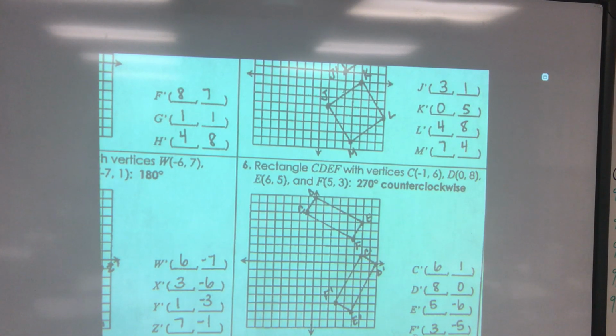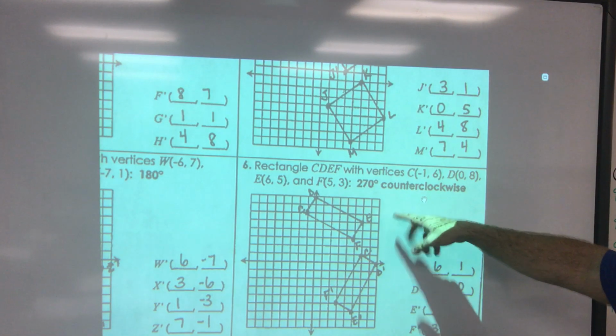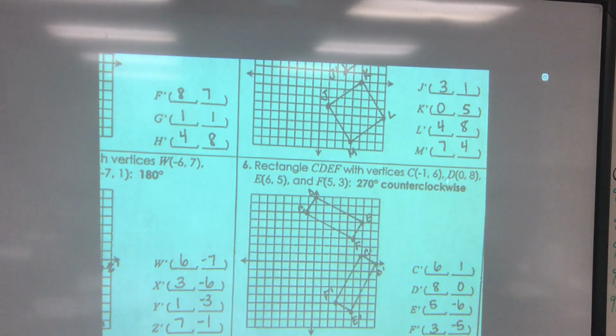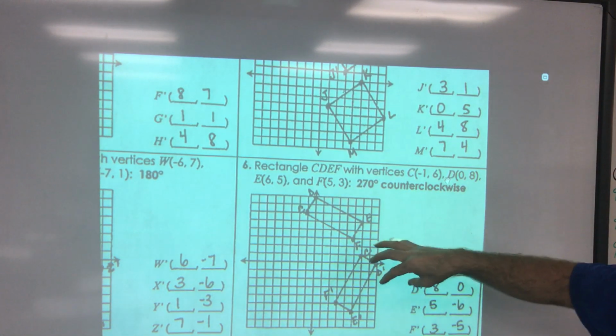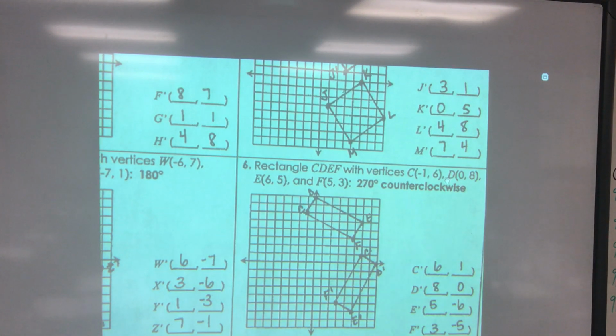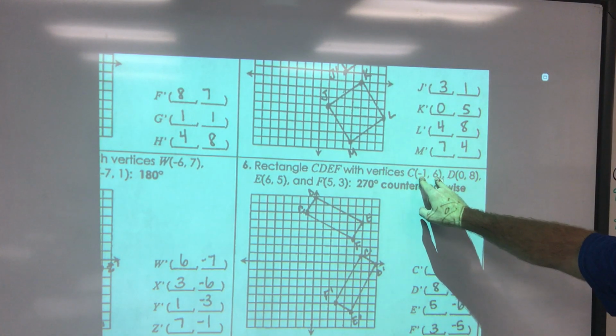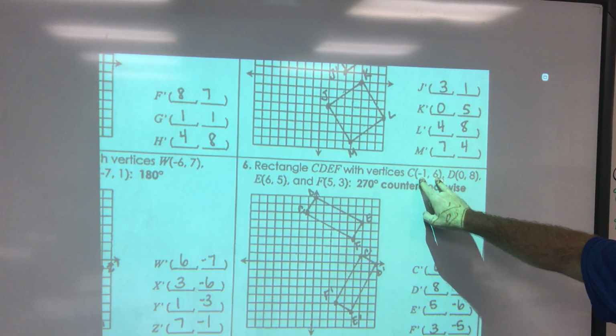All right, so we're back at homework 3 where we're talking about rotating about the origin. We have a rectangle here. Here are my 4 points, rotating counterclockwise 270 degrees. I'm starting at this point, -1 and 6.